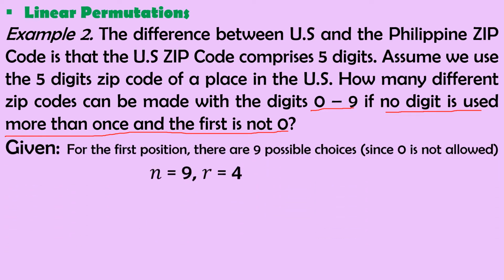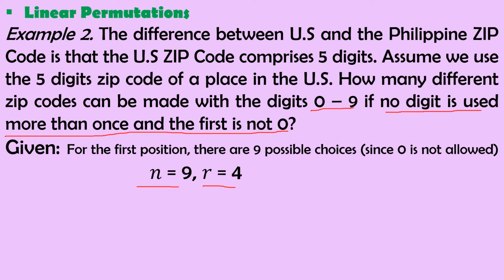So the given, for the first position, there are 9 possible choices, since 0 is not allowed. So from digits 0 to 9, we will start at numbers 1 to 9. So the value of n is, of course, 9, and the value of r is 4.